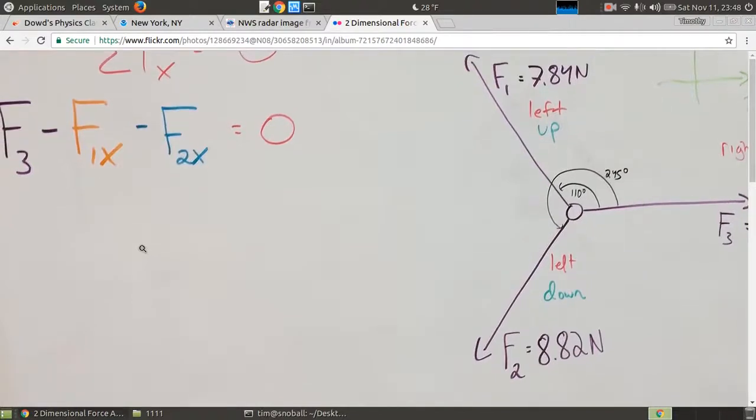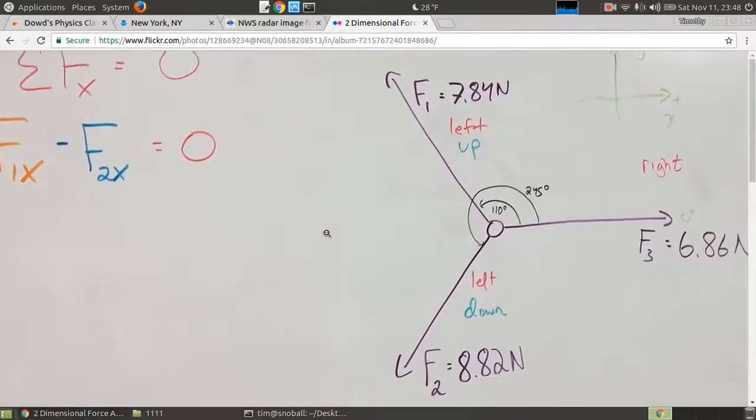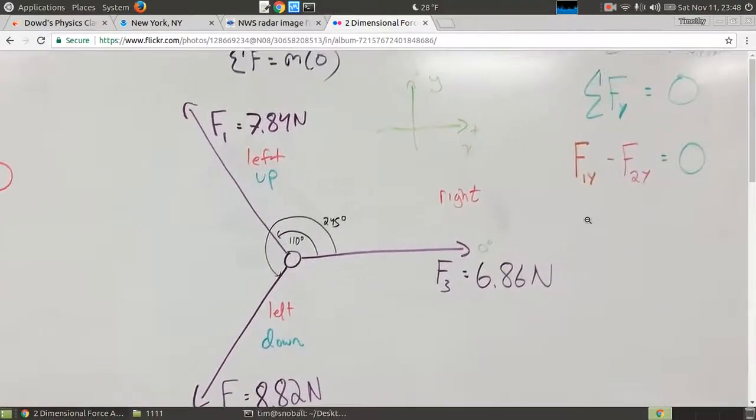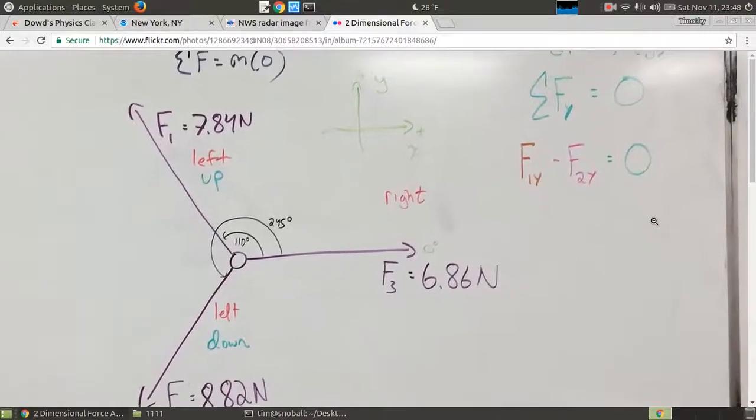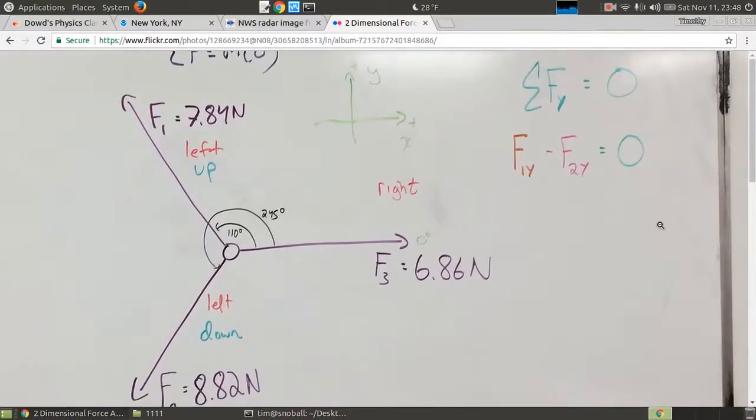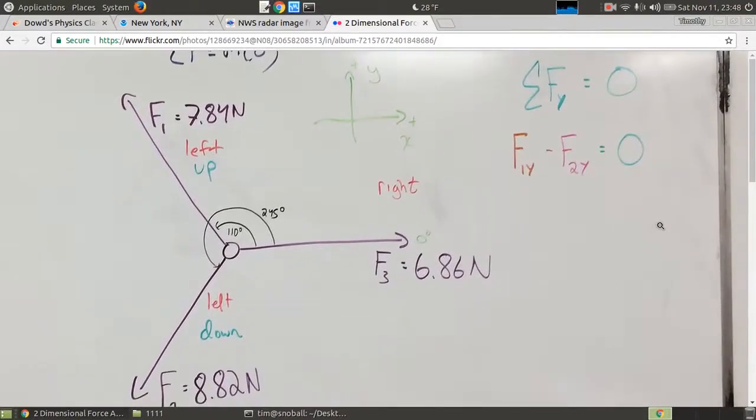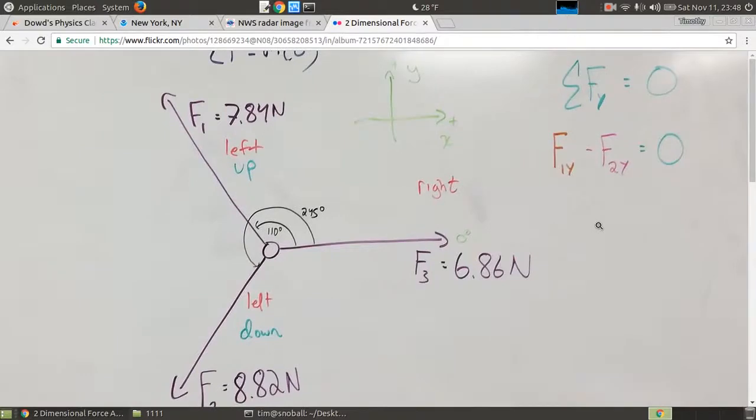And that's to signify that it's not all of F2 and F1 that we're talking about, just the part that goes left. Right positive, left negative. If we go over to our y forces, we see F3 is missing because F3 doesn't have an up or a down. So we have the up minus the down. And notice these are y's because it's only the y part that we care about here. So that's step 2.